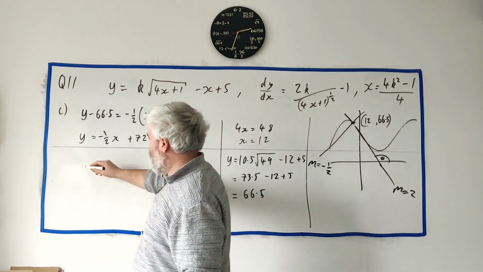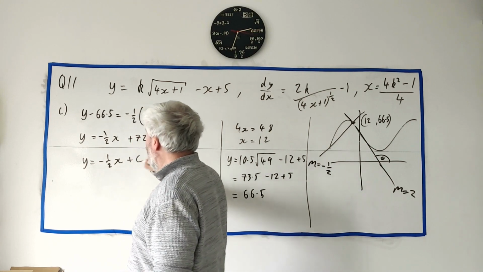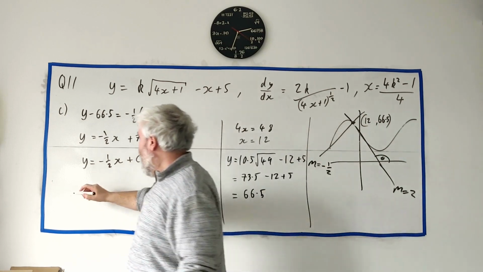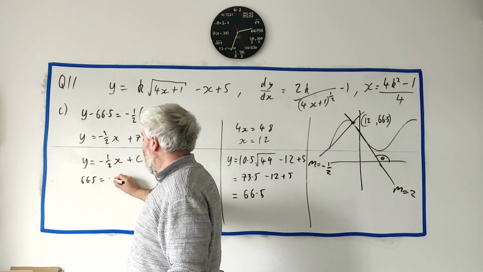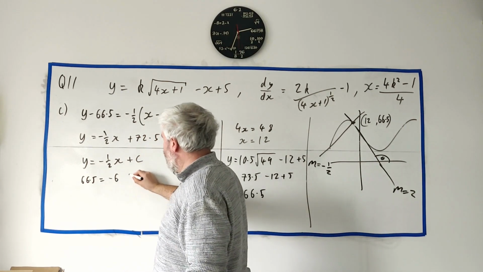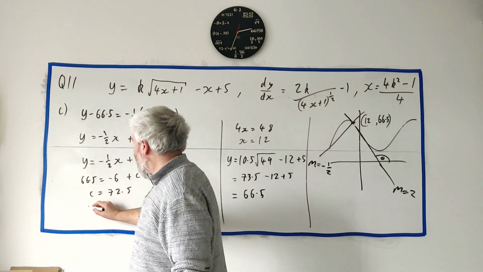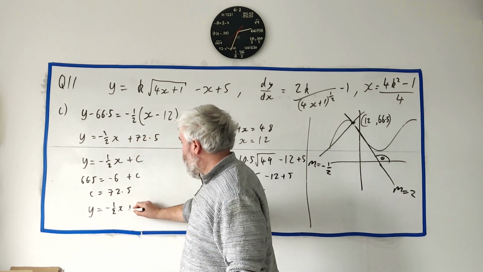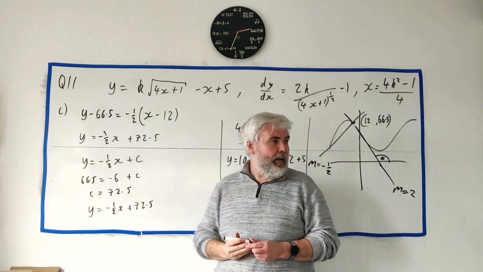The other way, which I usually use, is y is equal to minus a half x plus c, and then I put these two numbers in to solve. So that is 66.5 is equal to minus a half times 12, which is minus 6, plus c. c is equal to 72.5. So the answer is y is equal to minus a half x plus 72.5. Same answer. Okay, I hope that answers.